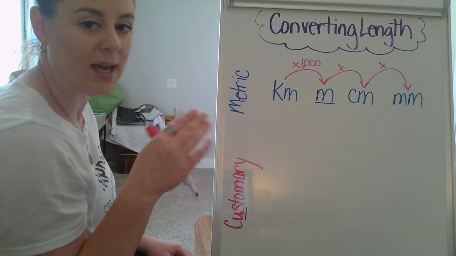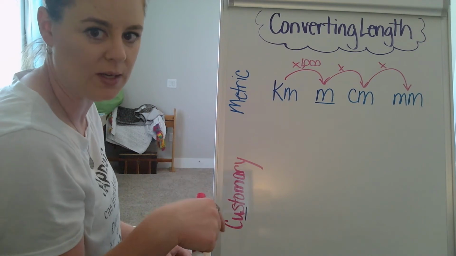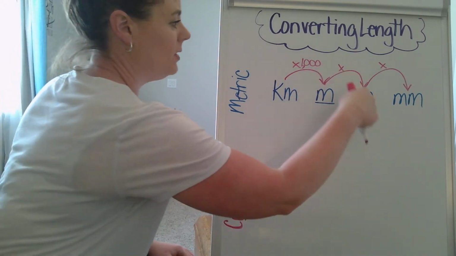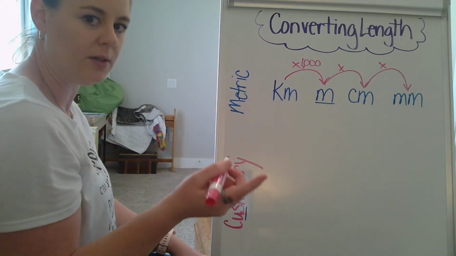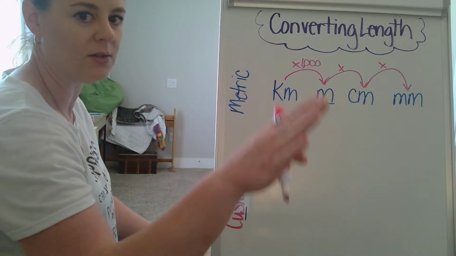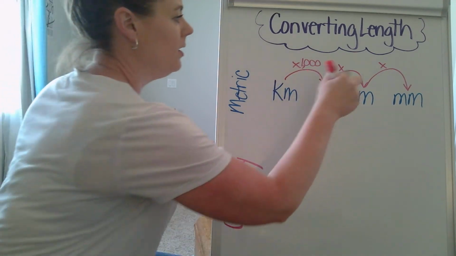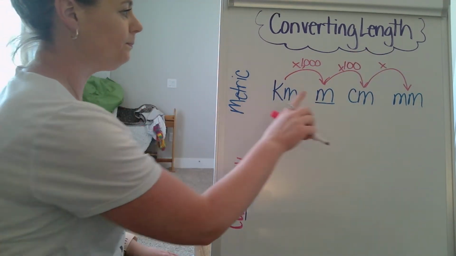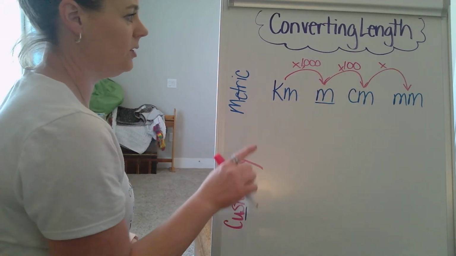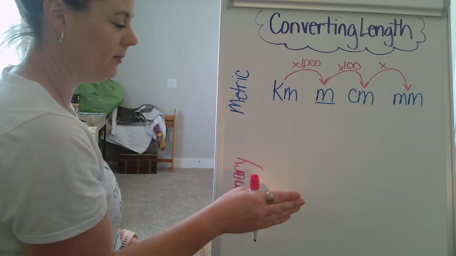There's 100 years in a century. Got it. Sorry, misspoke. Okay, meters to centimeters, you would multiply by 100.